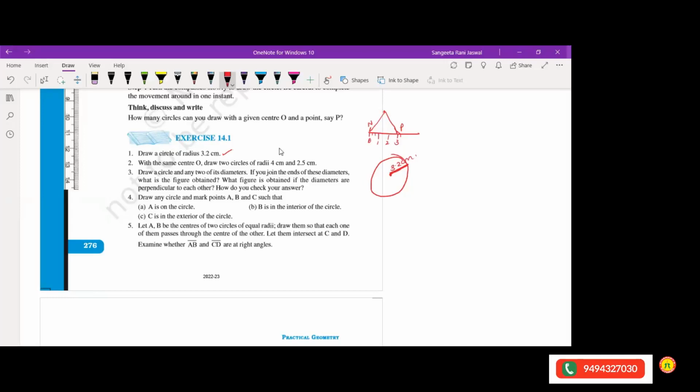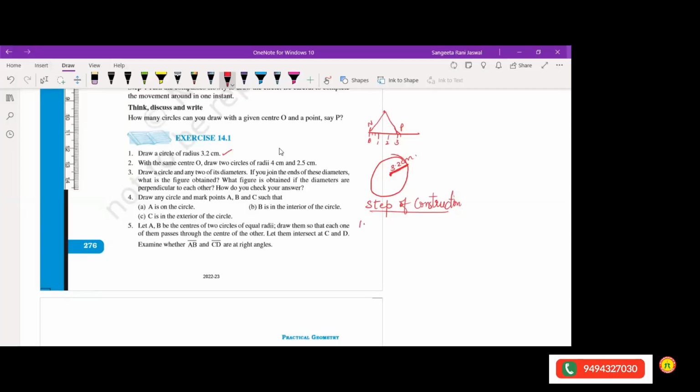Now, the next thing is, in each and every question of practical geometry, wherever you get a question of construction, steps of construction have to be written. Steps of construction means how we have done the construction. This you have to tell the examiner. Now, what was the first thing we did in this?